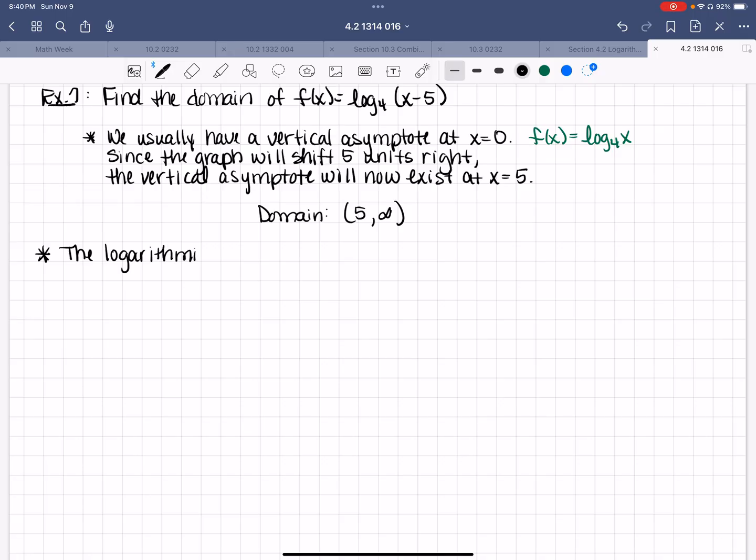The logarithmic function with base 10 is called the common logarithmic function.